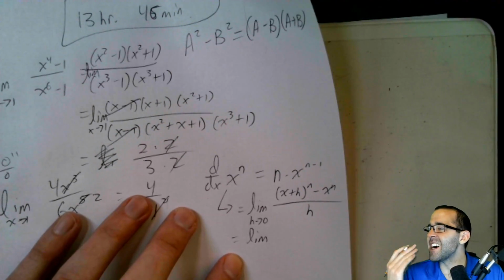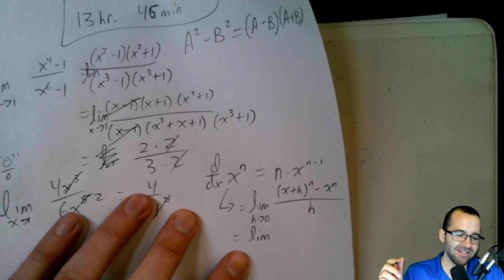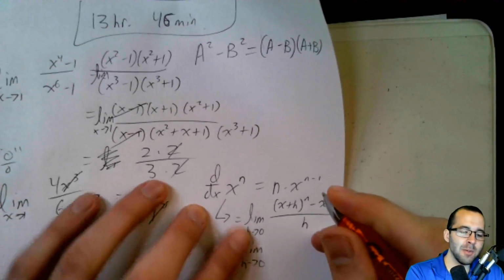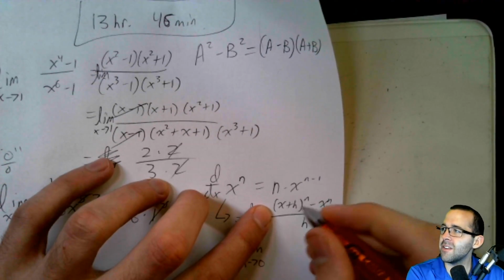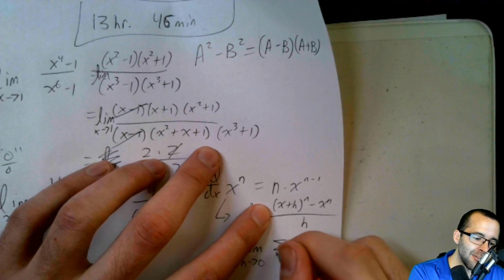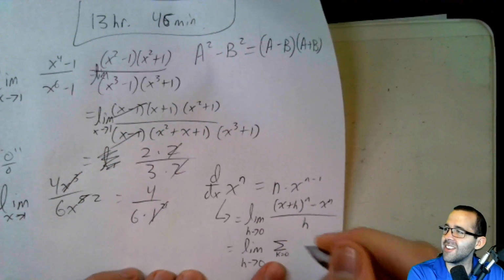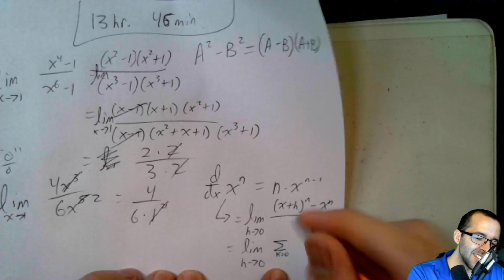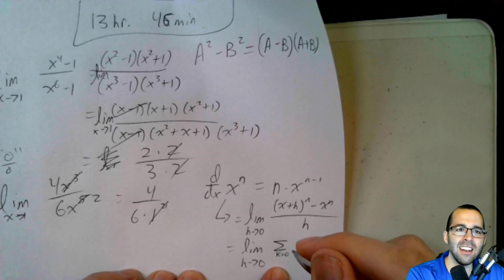Yeah, we've gone from trigonometry to Calc 1 to very difficult Calc 1. So the binomial theorem says that this binomial being raised to the nth power is the sum from k equals 0 to, I think, n, right?